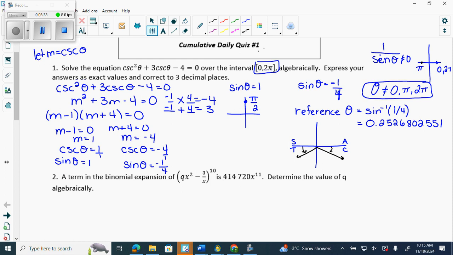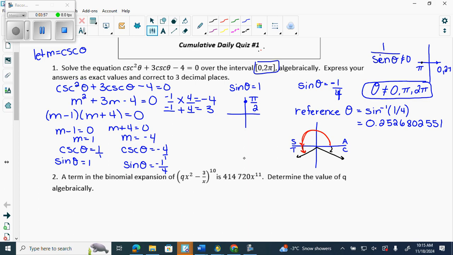So, for this first one, I needed to land there. So, I'm going to have to do what plus the reference angle? We're in radians. Pi. So, to get myself to here, I'm going to have to do pi plus that reference angle. Will you agree? Because pi gets us to the x-axis, so we add that reference angle.